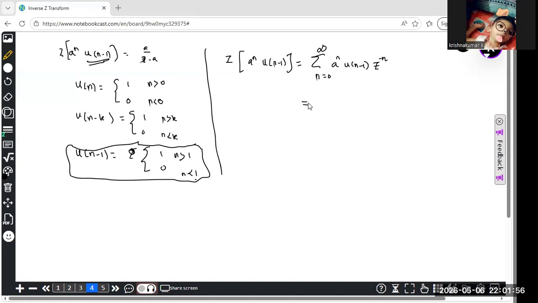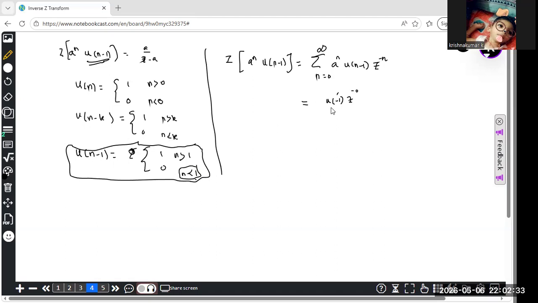But one more thing: this u of n minus 1, the unit step function, will be equal to 1 when n is greater than or equal to 1. But here, this is the discrete case only. So the first term, when n is equal to 0, becomes A power 0 and u of minus 1, but when n is less than 1, you just look at this definition: the function value is 0.